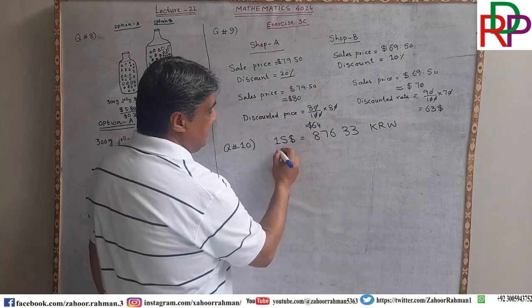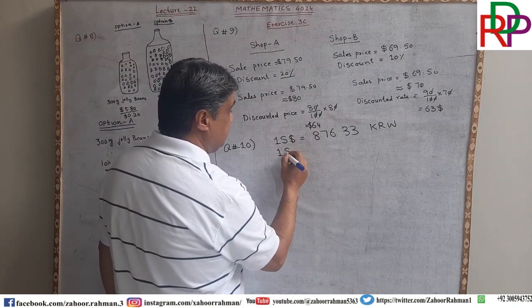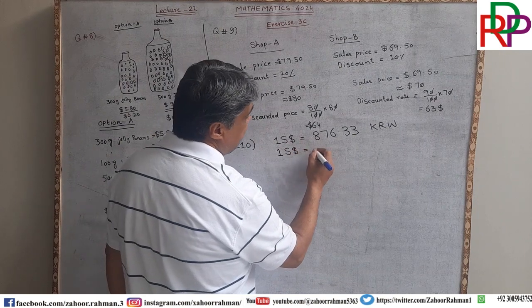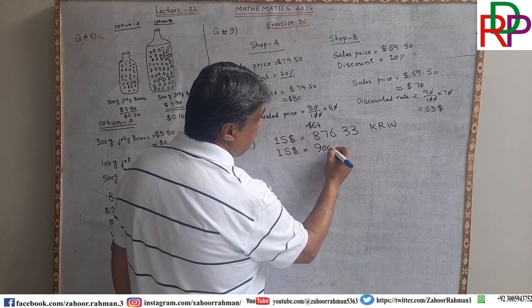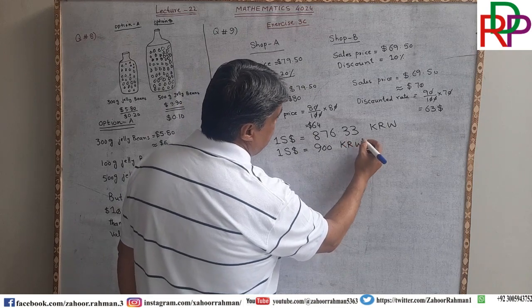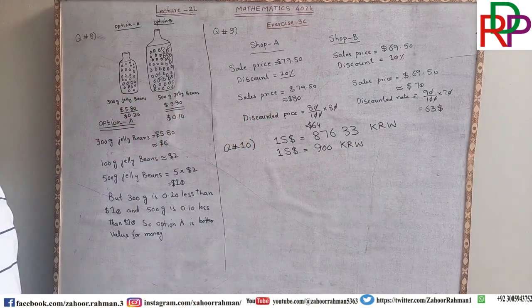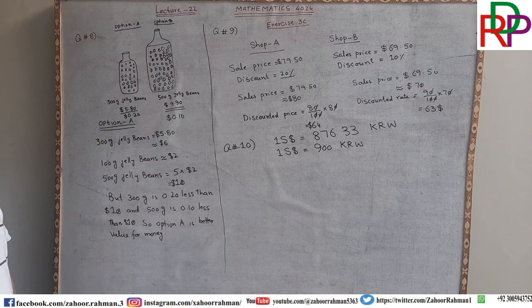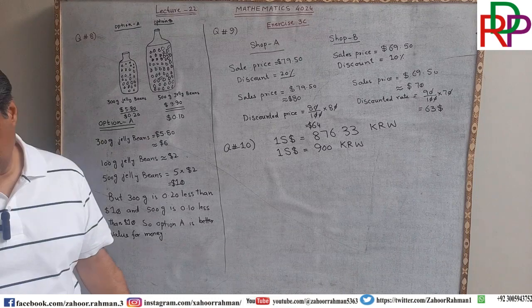So I am saying that 1 Singaporean dollar is nearly equal to 900 Korean won. That is estimated values.